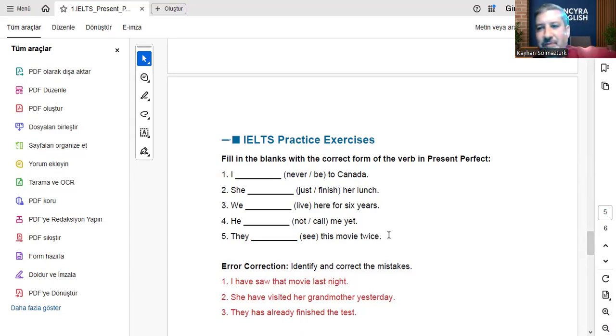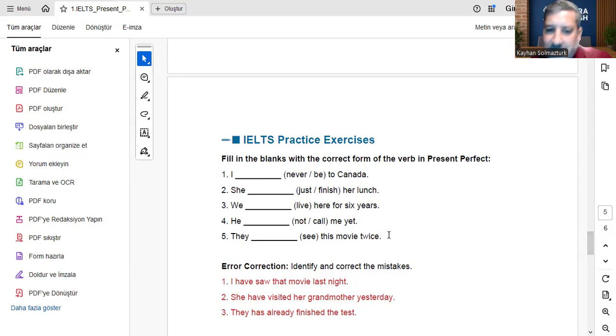They saw that movie twice and they have a possibility to see it again. Of course, if they liked it. If they are interested in those kinds of movies, they can see it again. So there is a possibility that they can see it again. But maybe they didn't like it and they don't want to see it.